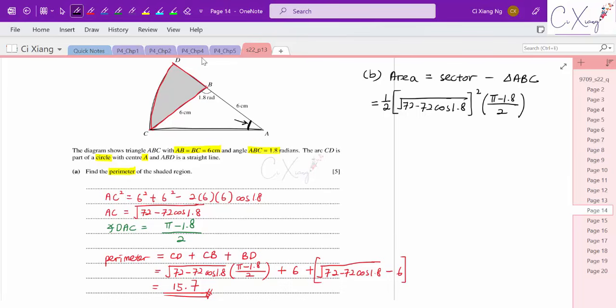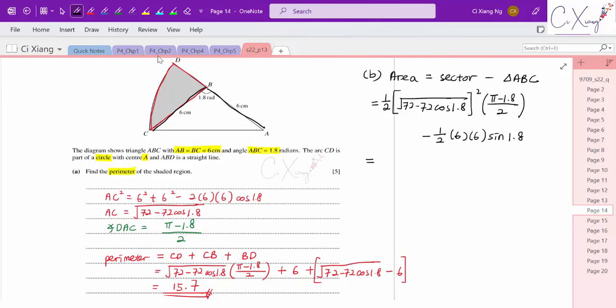So this is half r squared theta, which is the area of a sector, minus the area of the triangle. To find the area of the triangle, you can use the formula involving sine: half AB sin C. I want to use two sides here, this side and this side, so I have 6 times 6, and then sine of the angle enclosed by the two sides, which is 1.8.